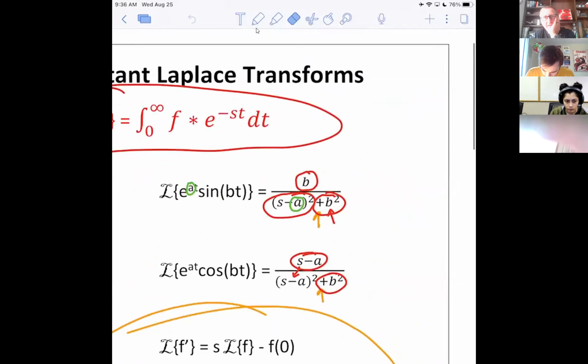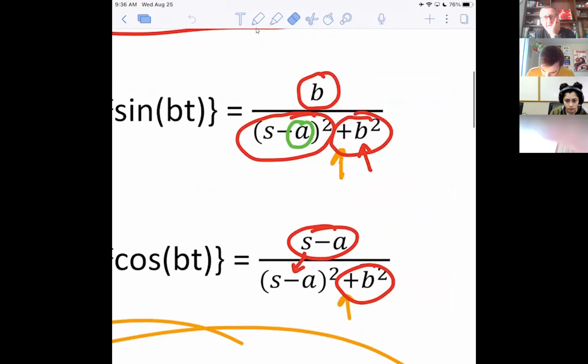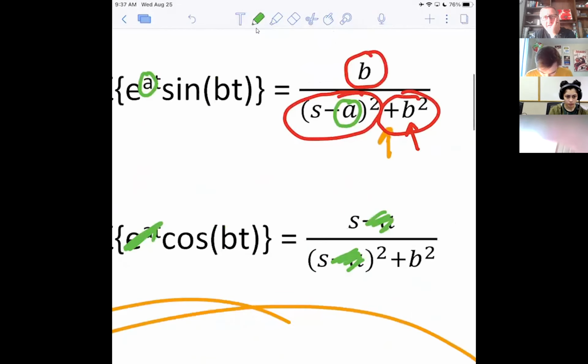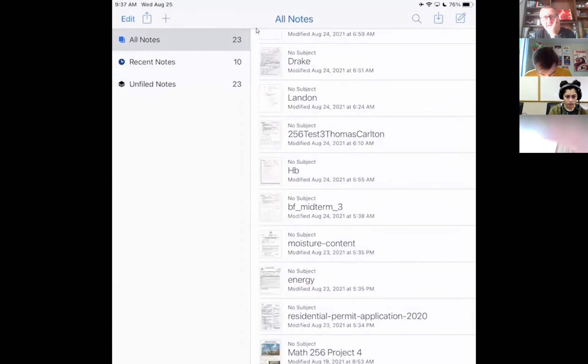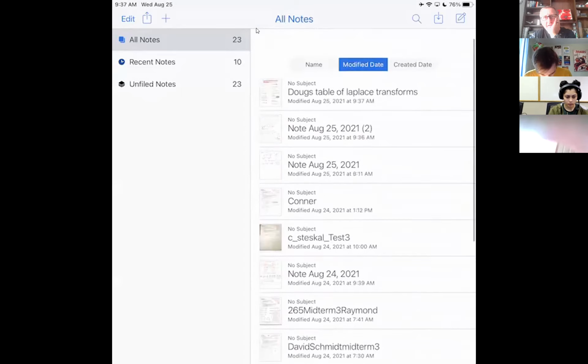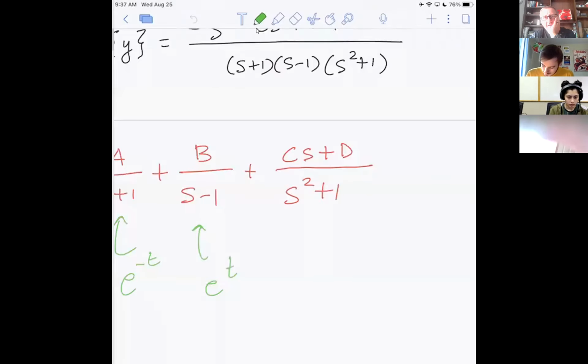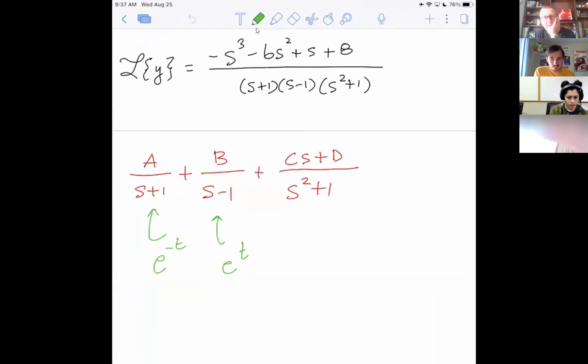Notice it's just s squared. So there's no a, a is 0. So that means this would be e to the 0t. Yeah, isn't that going to produce cosine and sine? So it's like, oh my gosh, I think this is actually working. We'll get back to that in a minute. That's pretty awesome. So that's pretty cool. This is actually looking like it's working.